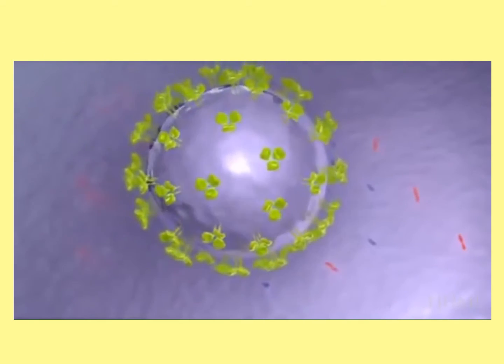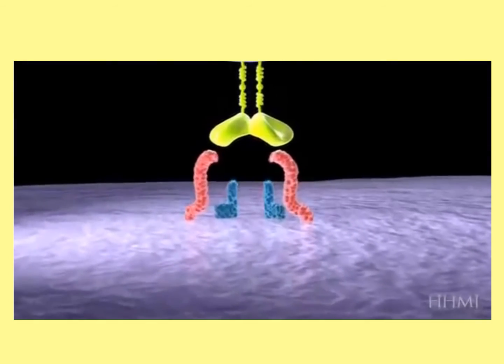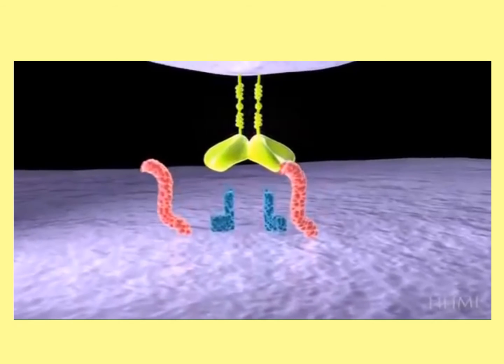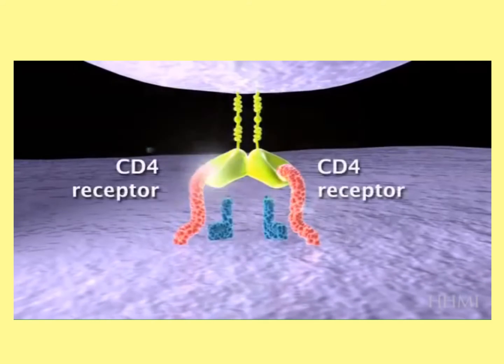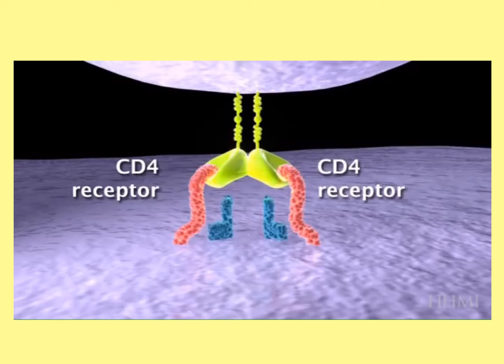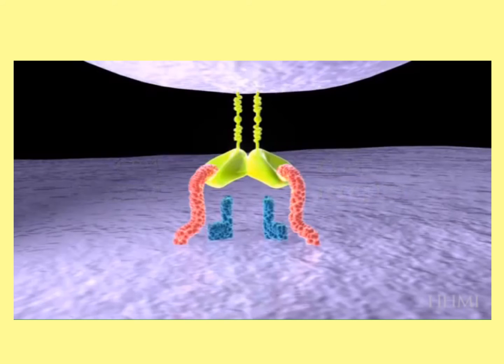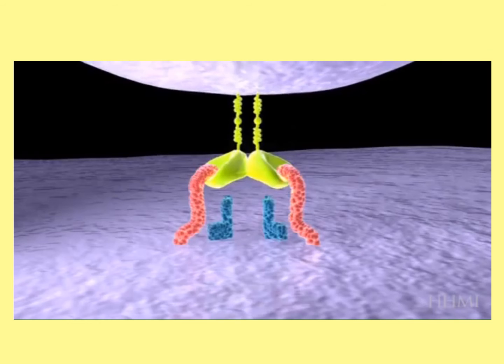The way that it does this is that as it comes up to the cell surface, it uses receptors that are on T helper cells and exclusive to T helper cells, which is the CD4 molecule, which really defines T helper cells. It's a surface receptor that binds to the envelope protein.